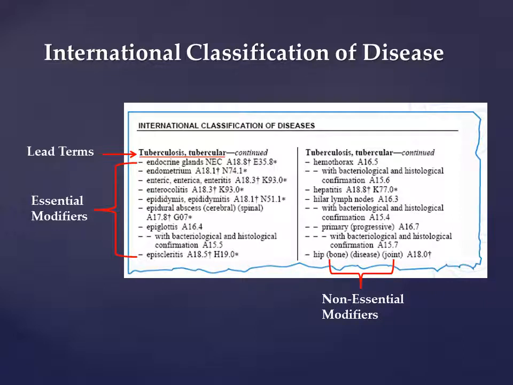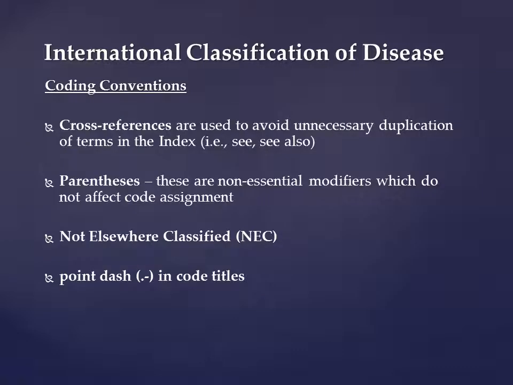In the alphabetical index, you will see the list of the diseases by lead terms and their essential and non-essential modifiers. There are also coding conventions used in the alphabetical index. The first one is the cross-reference, which is used to double-check and to avoid unnecessary duplication of the terms.